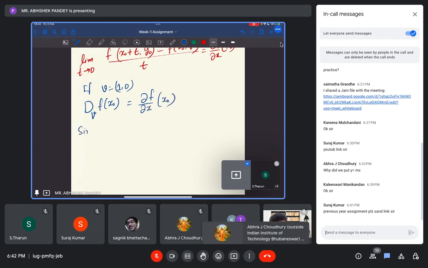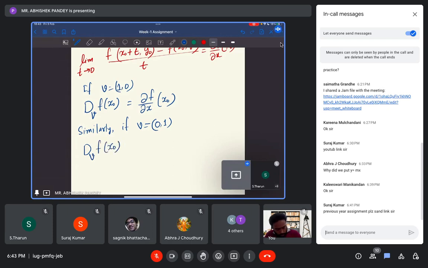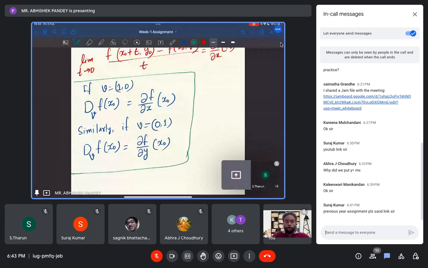Similarly, if v is 0 comma 1, your directional derivative of f at x naught in this direction v is nothing but partial derivative of f with respect to y at point x naught. I hope this is clear. Is it clear to everyone? Yes, sir. Okay, good.